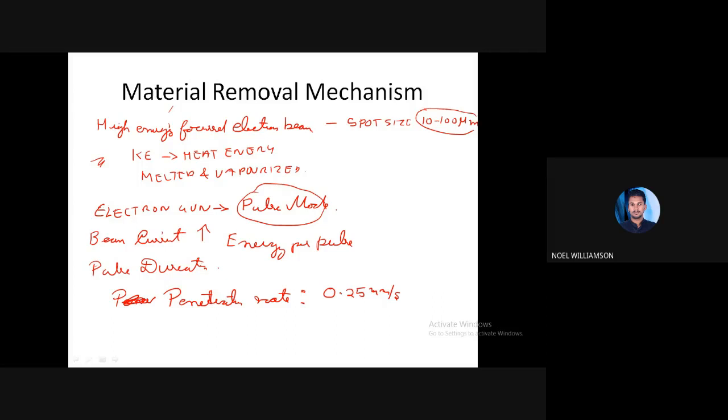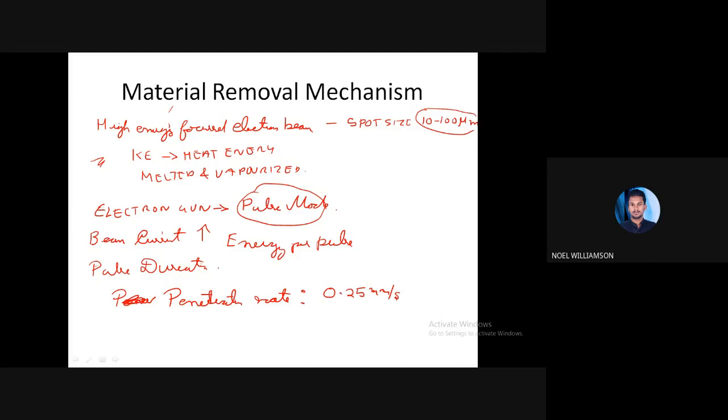Basically this is the mechanism and how it is working. The high energy focused electron beam impinges on a small spot size of the order of 10 to 100 micrometers, then the kinetic energy of these moving electrons is transferred to heat energy, and this heat energy is used to melt and vaporize the material, and thereby machining is done.